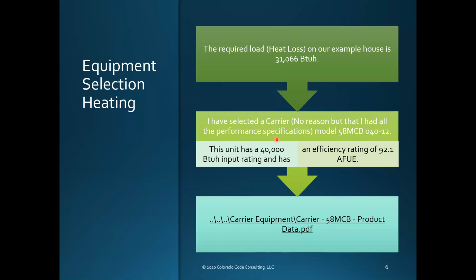Doesn't mean that Carrier is any better than anybody else. So we have an input rating of about 40,000 BTU. It's 92.1 percent efficient, and we're not going to run off into the data there. Everything that we're going to show you from here will be screenshots from the actual product data itself.